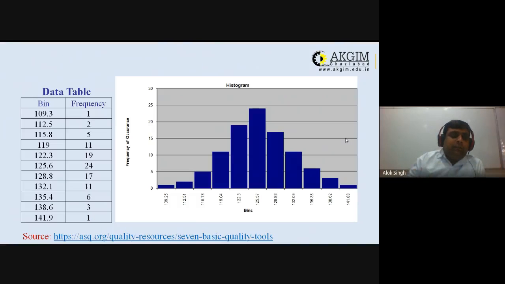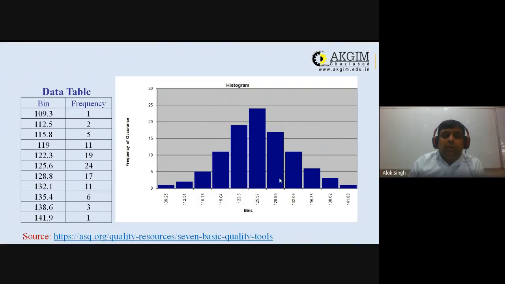Here is an example: the data table is given, with a bin and the frequency of that bin. For 109.3, the frequency is 1; for 112.5, the frequency is 2; for 115.8, the frequency is 5. Similarly, various frequencies are given, so you can represent them in a histogram or bar graph.